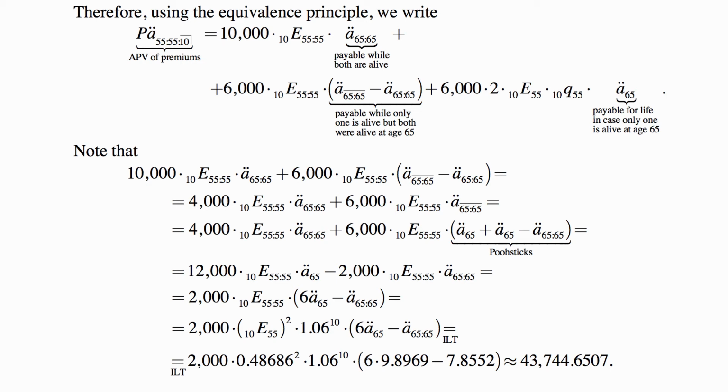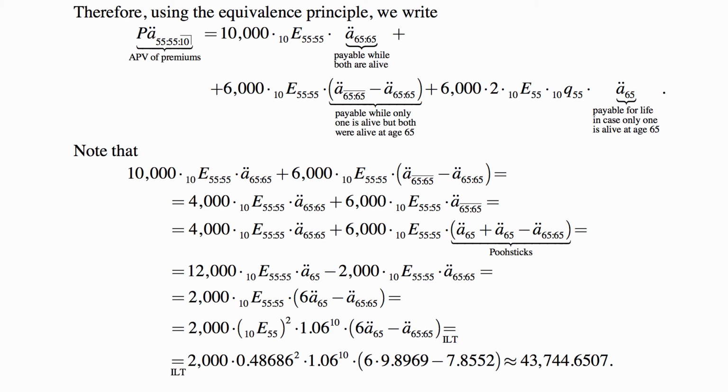And then, subtracting 6,000 from 10,000, it becomes 4,000 times the joint survivor annuity, plus 6,000 times the last survivor status annuity.